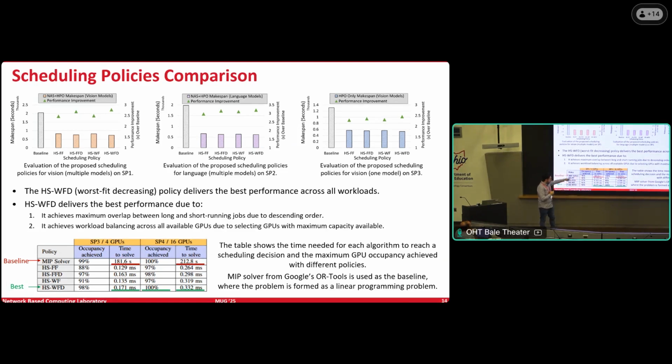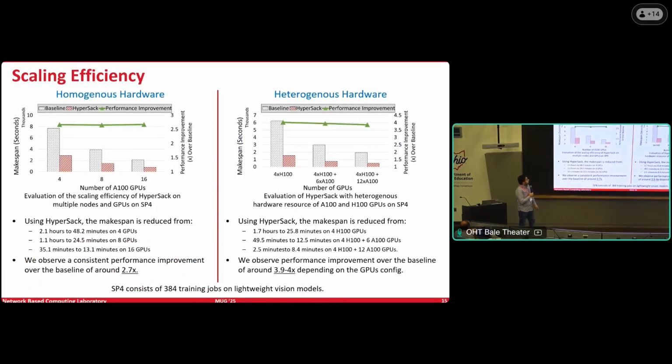That's why we sort things in a decreasing order. We basically want to schedule the long jobs at the very beginning and then overlap them with the shorter jobs. And two, it achieves workload balancing because it always selects the GPU with the maximum capacity available. So we make sure that all the GPUs have some work to do at any given time.